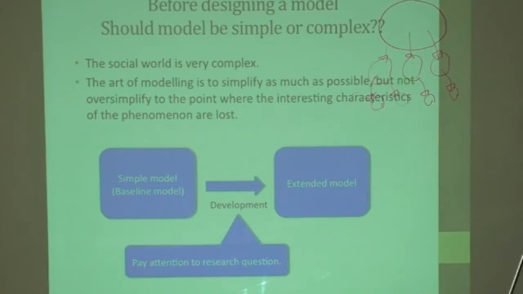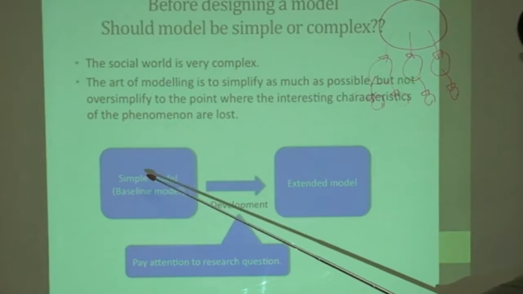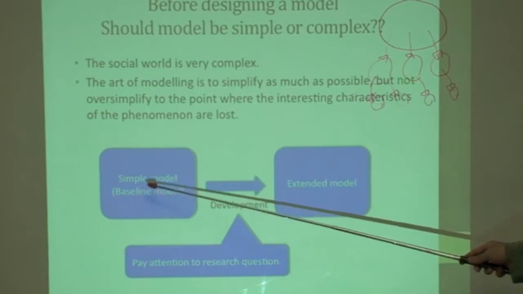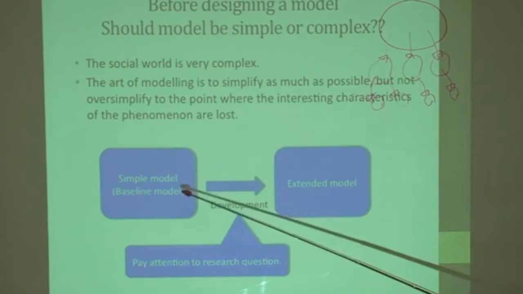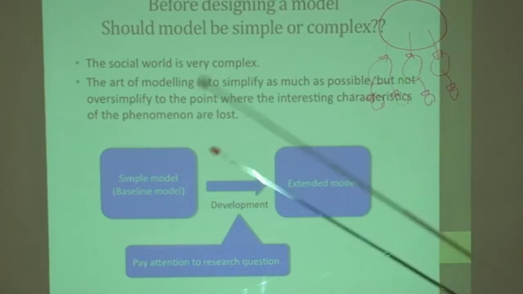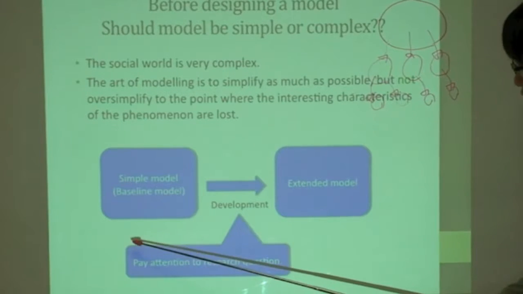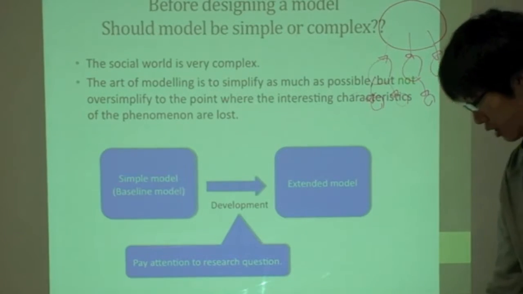The most effective strategy in modeling is to start from a simple model, which is also called a baseline model. If you can understand the behavior of a simple model, you develop it to extend the model. And when you extend the model, it is important to pay attention to your research question.